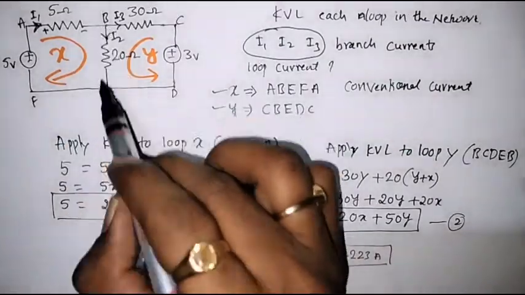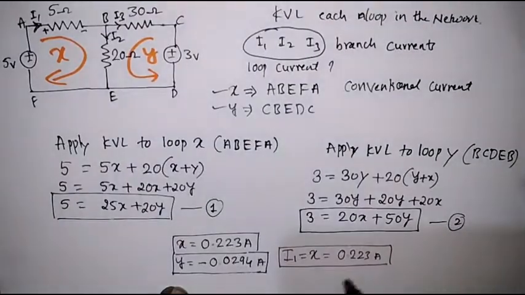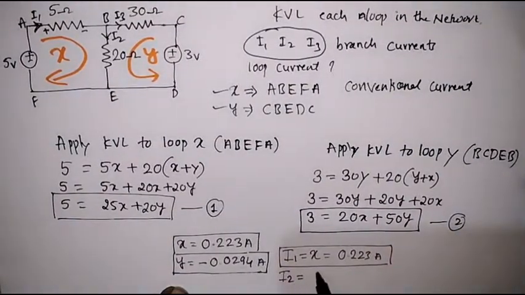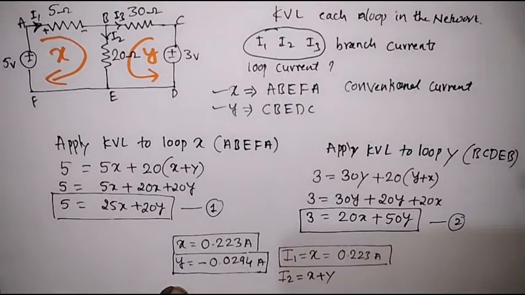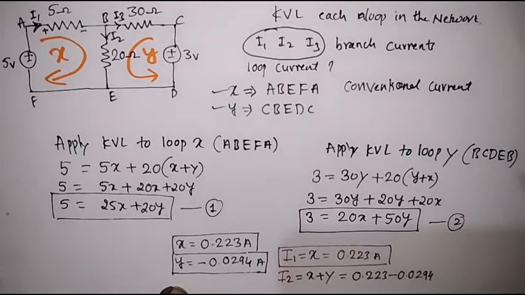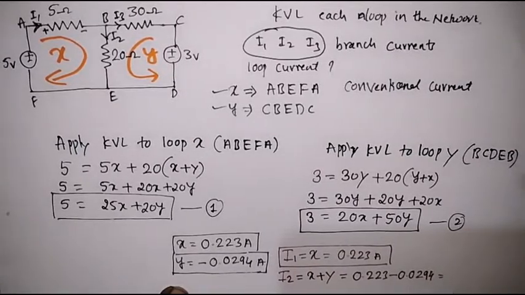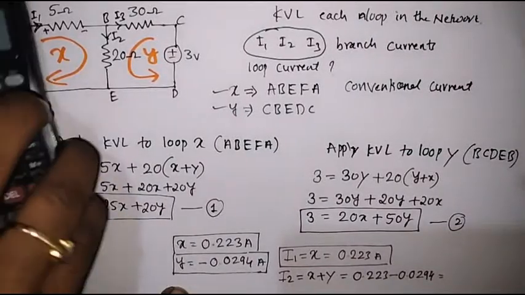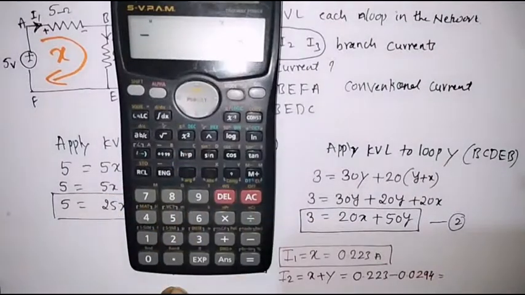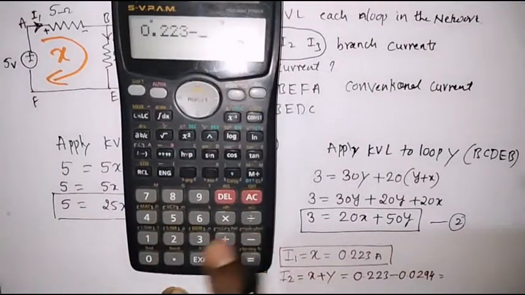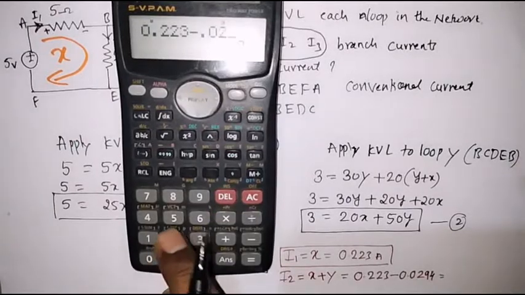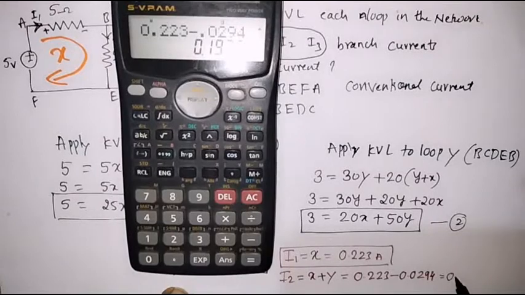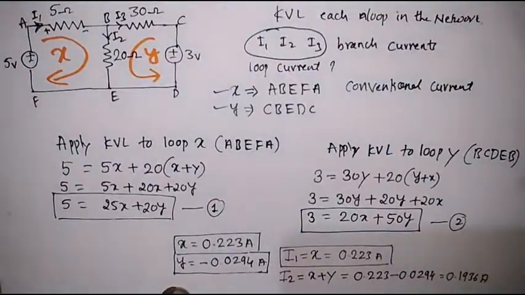Current X is flowing from B to E, and current Y is also flowing from B to E. So I2 is equal to the sum of those two loop currents, X plus Y, which is 0.223 minus 0.0294, that is 0.1936 amps.